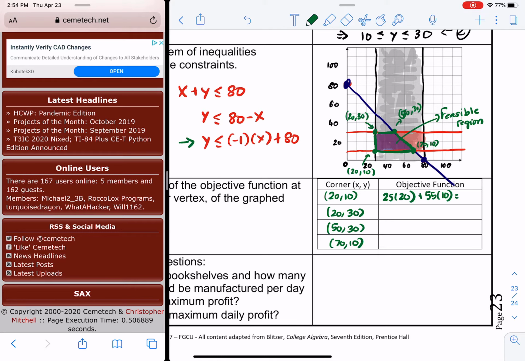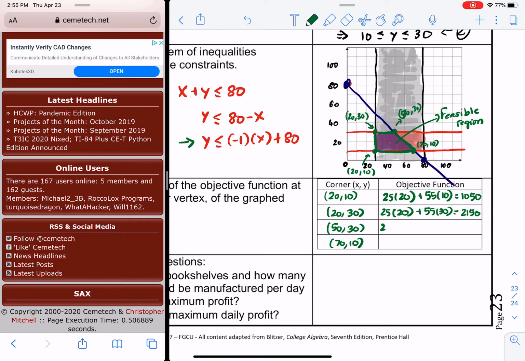We have 500 plus 550, which would be 1050. The second case would be 25 times 20 plus 55 times 30. So that would be 500. 55 times 30 would be 1650. So we have 2150.